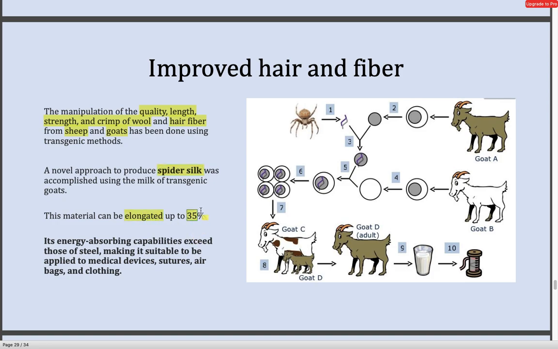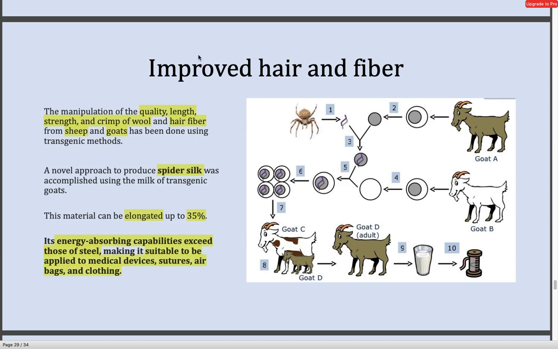So if you are able to make transgenic goats with spider silk, then you can imagine that the wool or the fur or the hair will probably have a different consistency, a different texture. So to some people that's quite prized. You can actually use it for medical devices, airbags and clothing as well. In Malaysia, there actually are people who are trying to genetically manipulate spider silk.